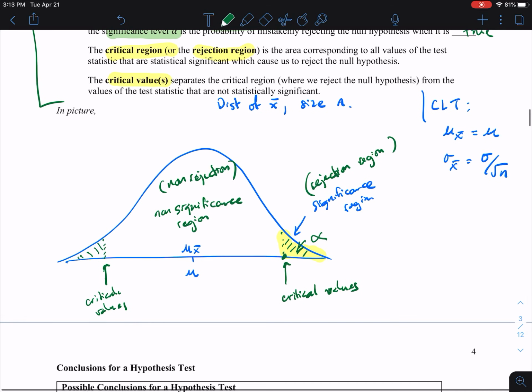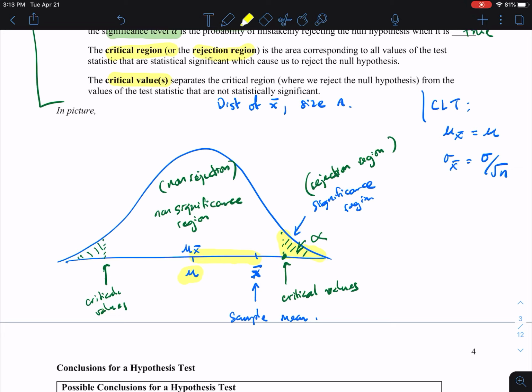So what's going on here? Suppose we assume mu equals some value. We look at a sample mean. Let's say this is the sample mean, from a sample with a certain size n, and then we ask, is this distance here okay? Is it close enough to mu, or is it too far away for us to say mu equals 3 is not true?